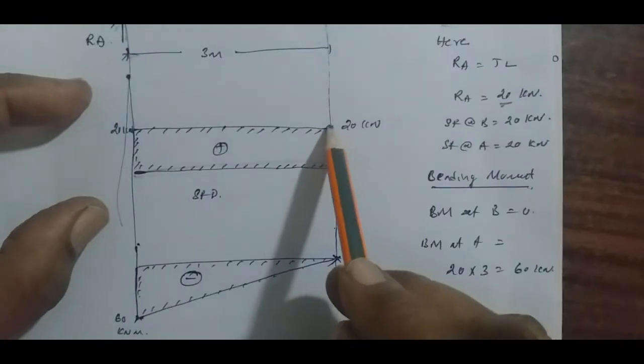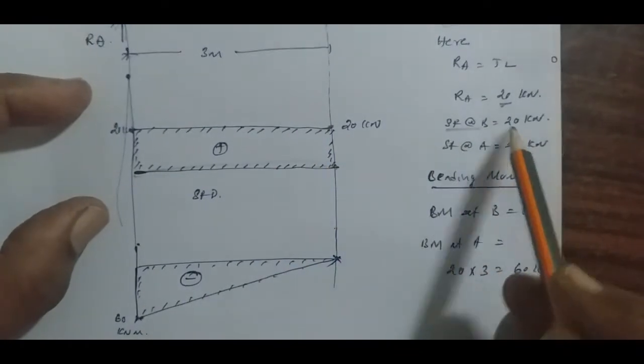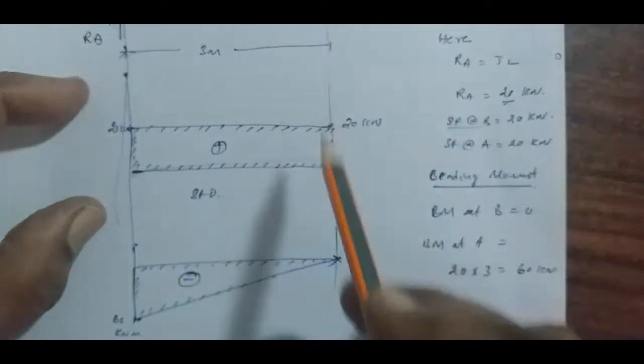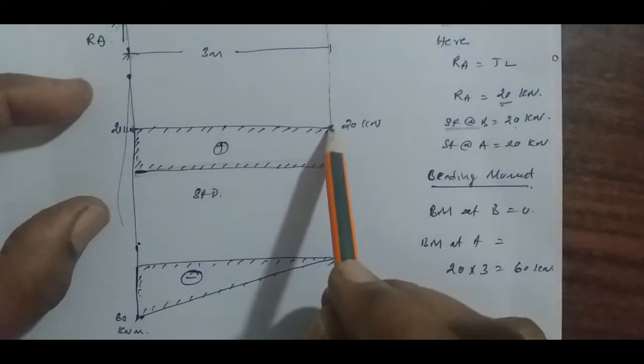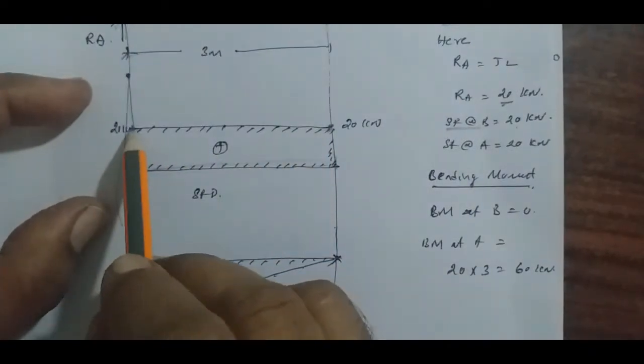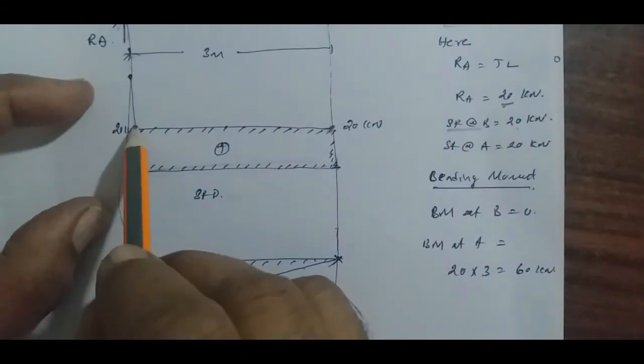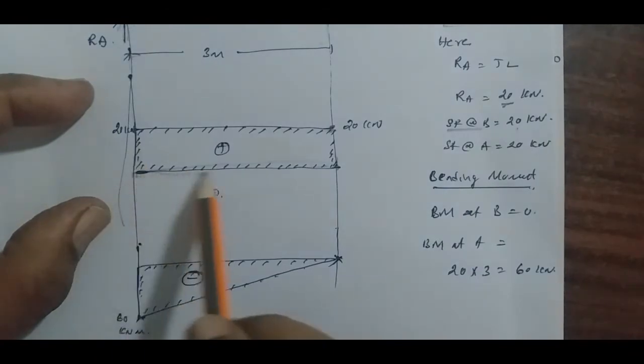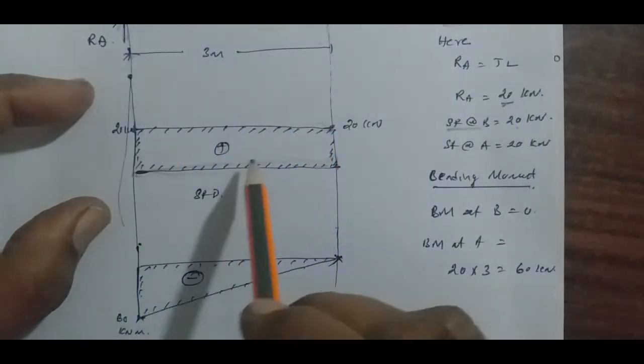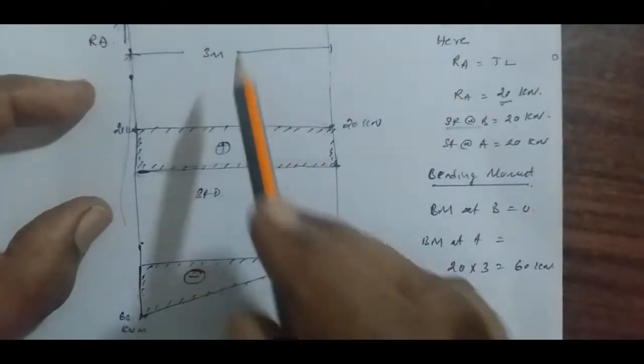Here mark the shear force value. Shear force at B is 20 kilonewton. Continue up to the next load, which is acting in the upward direction. It is also 20 kilonewton, but acting in the opposite direction, so bring it down. This rectangular box is the shear force diagram for this cantilever beam.